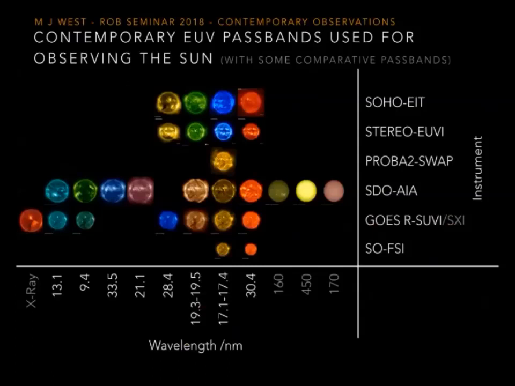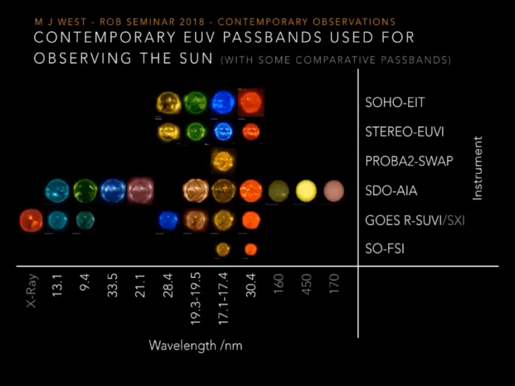I like this slide here. This shows most of our contemporary full-sun images, observing the sun right now and also in the future with Solar Orbiter. What I've put up here is a series of images of the sun from EUV observatories, and I've also included an X-ray image on the left-hand side, from SXI, and some of the cooler AIA passbands.